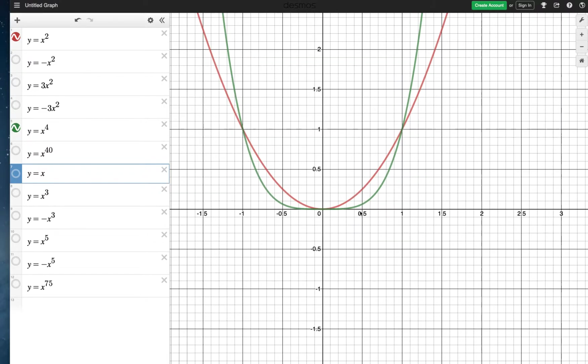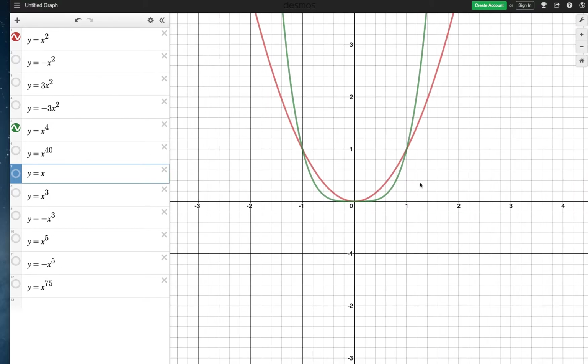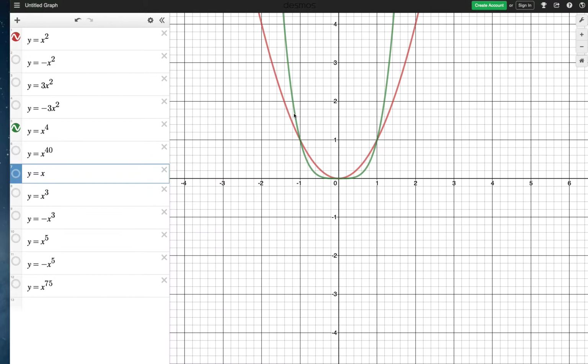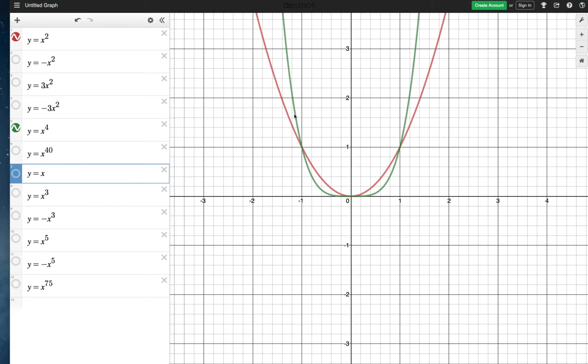Zooming in a bit, you notice between -1 and 1 that the x to the 4th power function is a bit flatter than the original parabola x squared. But when we take values of x greater than 1 or less than -1, the 4th power function is actually growing faster than the parabola does.